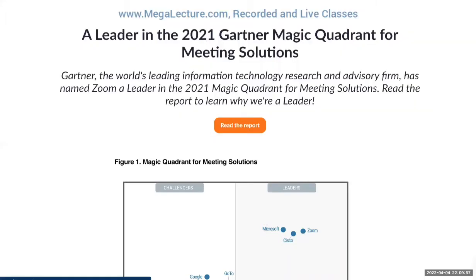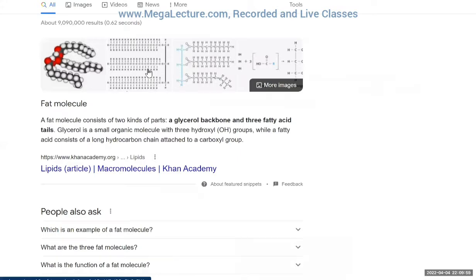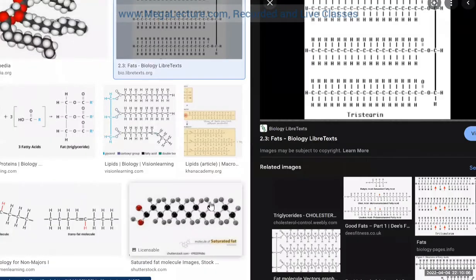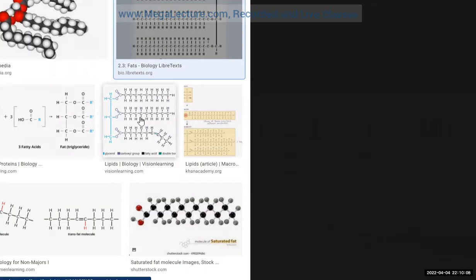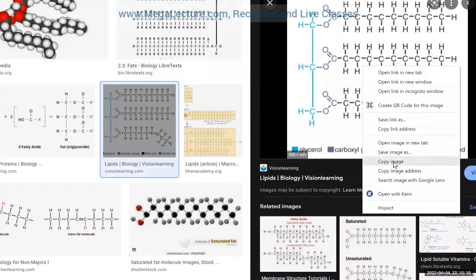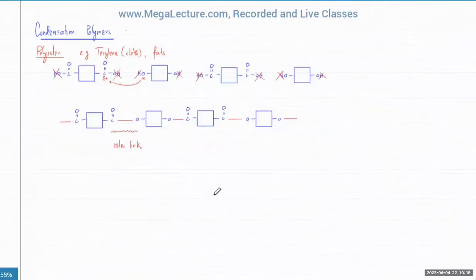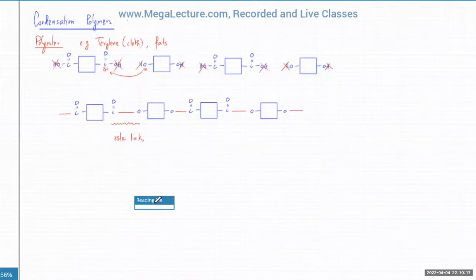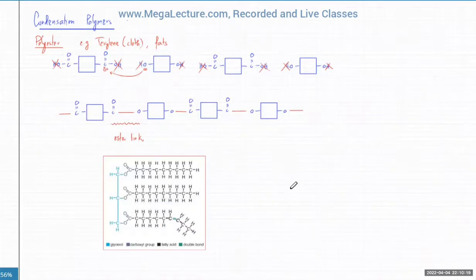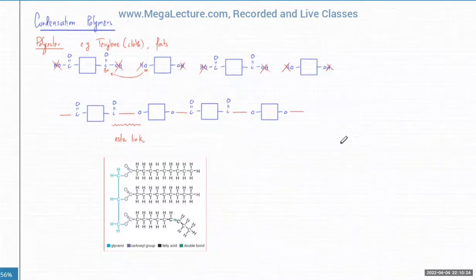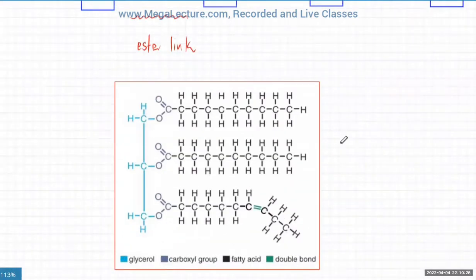For example, here's a fat molecule. So in this fat molecule, notice these ester links. There wouldn't be a lot of them.